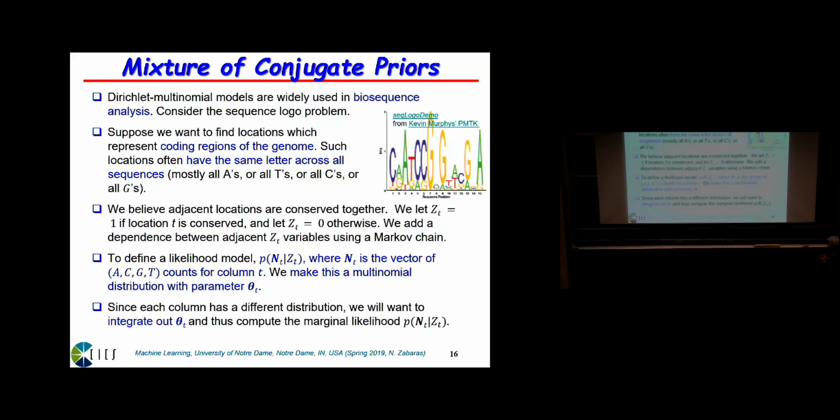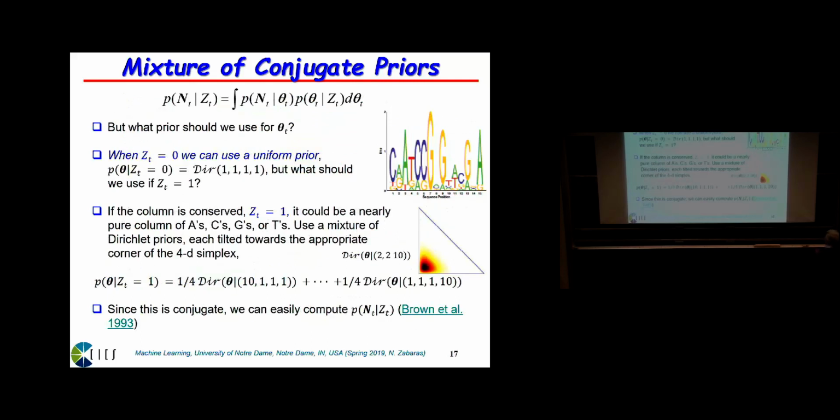So you have to use a multinomial distribution to describe this. But I wanted to tell you that somehow to produce this distribution, you're going to have to compute this integral, all right? We don't know what the probability of having an A or a G or a C is. So this diagram that you see here is an integral over the parameter space for a given location Z, okay? Of the likelihood times the prior with all the parameters integrated out.